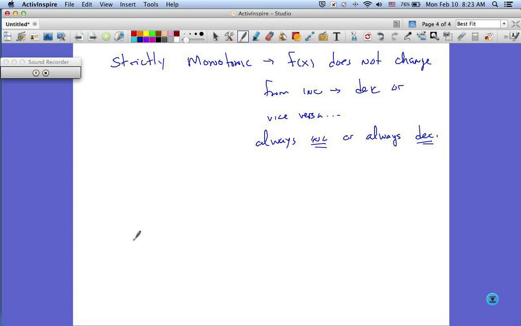So for instance, this function right here, you can look at y equals x cubed. Okay, that is always increasing. Even when it changes its concavity, which we'll talk about later, this is still increasing. Strictly monotonic. Negative x cubed. Strictly monotonic. So this is decreasing. But let's take, for example, x to the 20th or something like that. Bad example, x to the 21, we'll have to do an odd one, where it starts to get a little flatter in here.